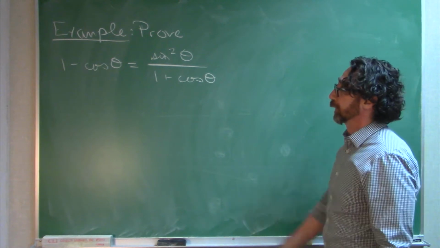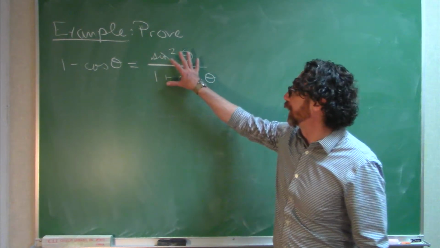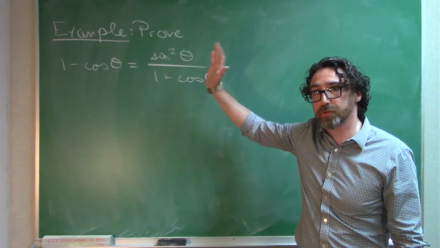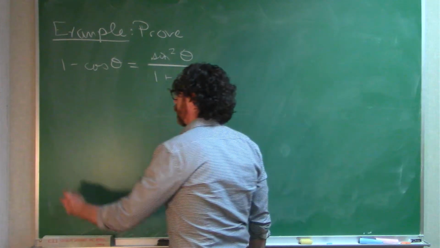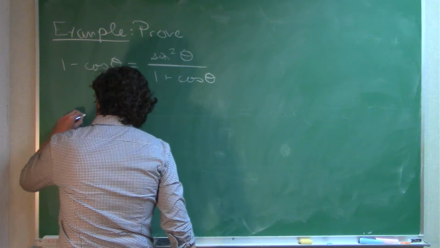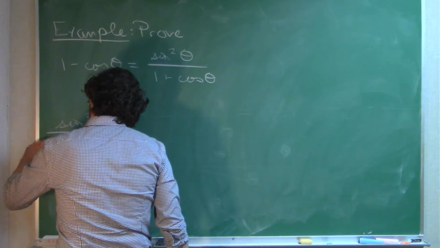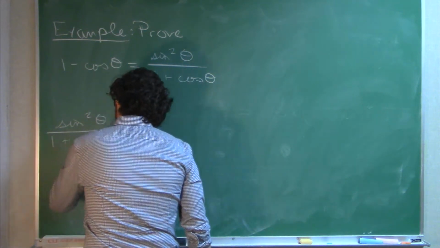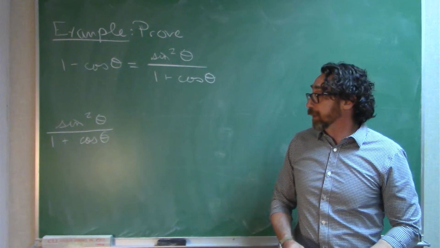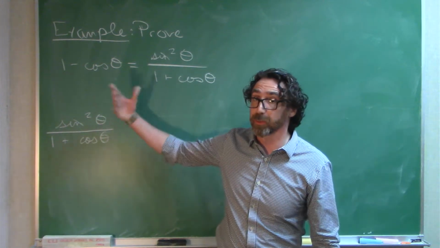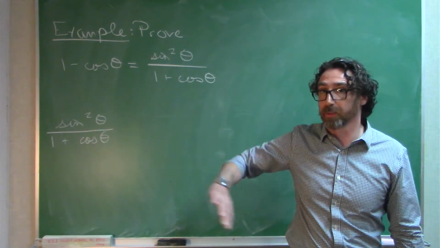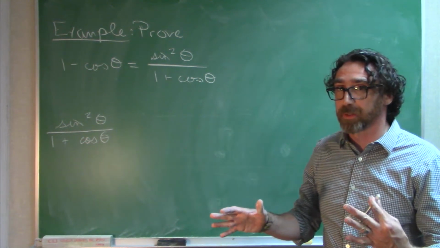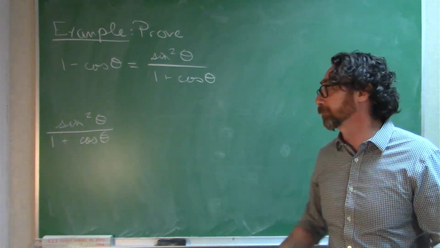Okay, so in this example, looks like once again the right-hand side is the more complicated side, so that's where I'm going to start. Sine squared theta over 1 plus cosine theta. Now, I look at this and I see, well, everything is already in terms of sine and cosine, so I'm not going to make any progress there.